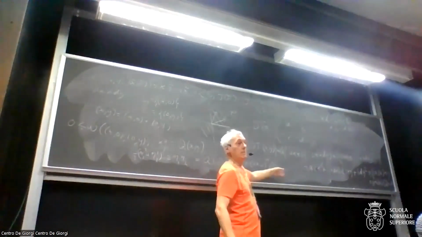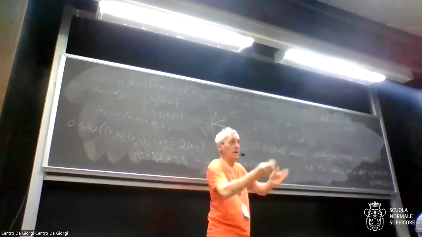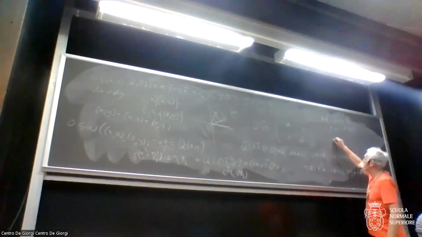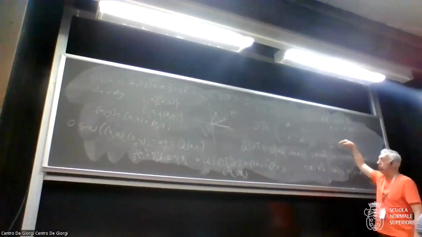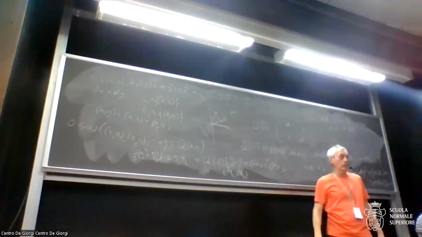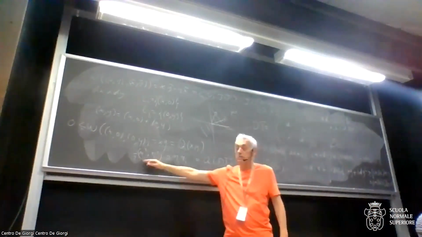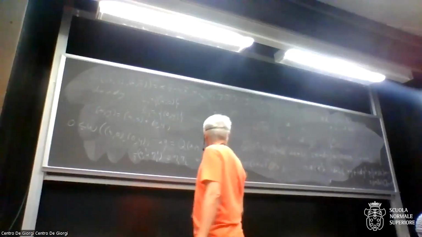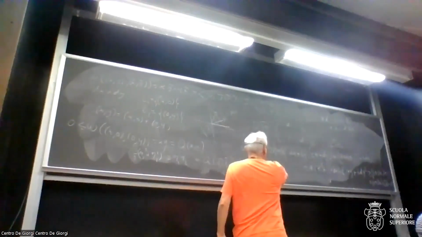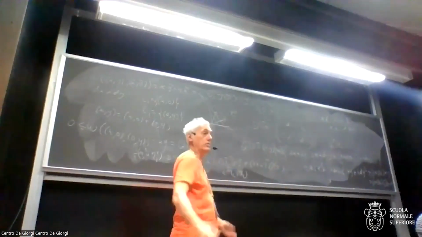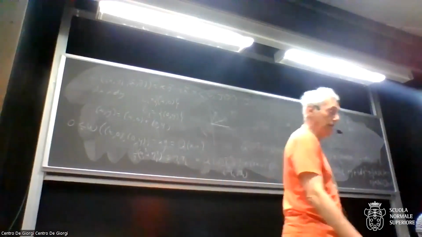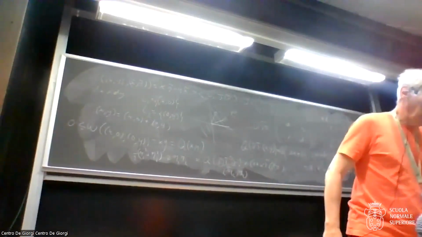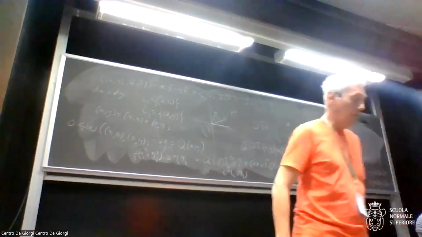It may be 0 at the beginning, but if you do one step, this goes inside and this goes inside, and then Q is not 0 anymore. So you have an exponential growth of the length of the vector. And this shows that the Lyapunov exponent is positive. So essentially, that is the proof of the theorem.